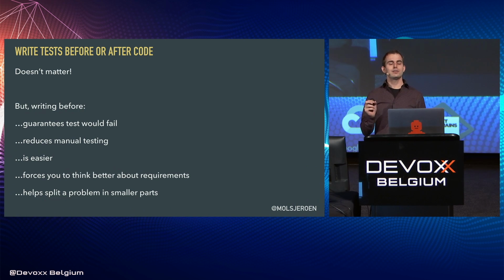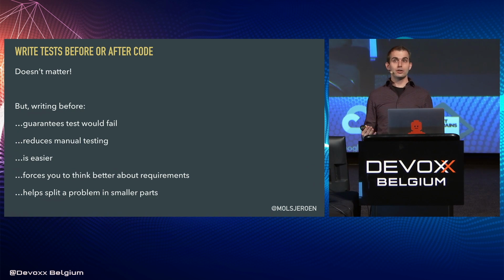But if you write your tests before you write your code, there are actually quite some interesting advantages. Because if you first write a failing test, you have the guarantee that the test would actually fail. It reduces the manual testing, because you're actually already verifying your code with the tests. You don't have to do that manually.